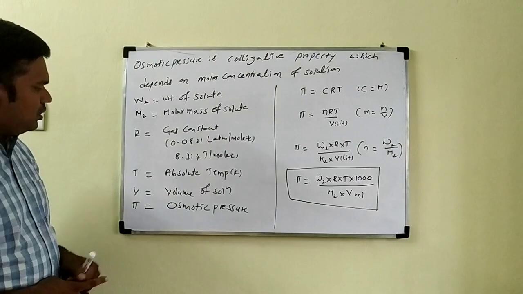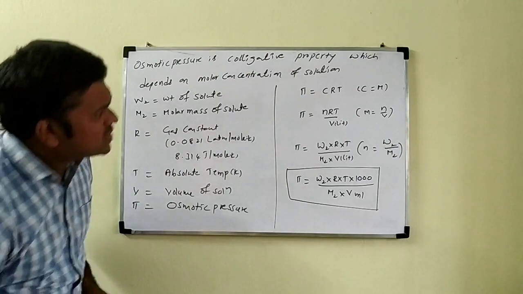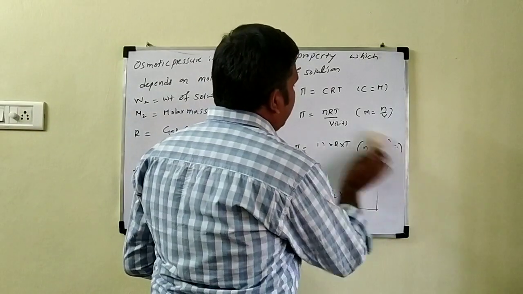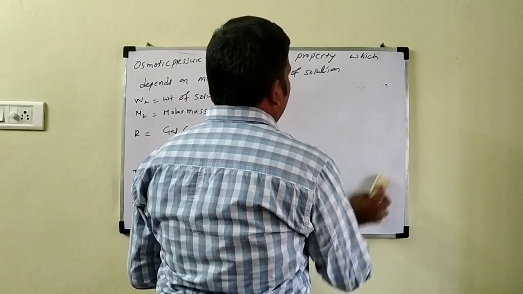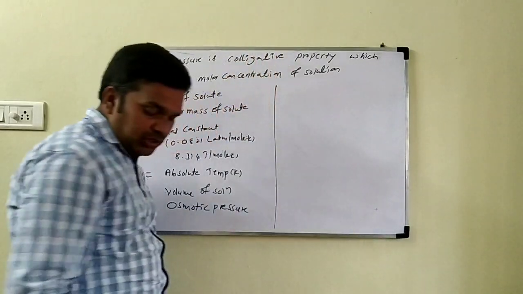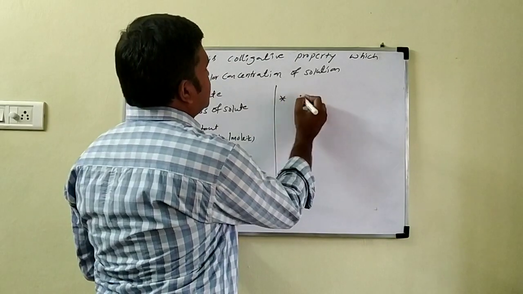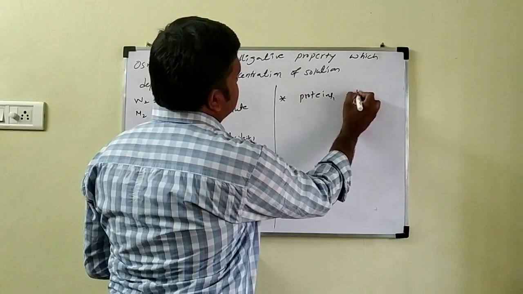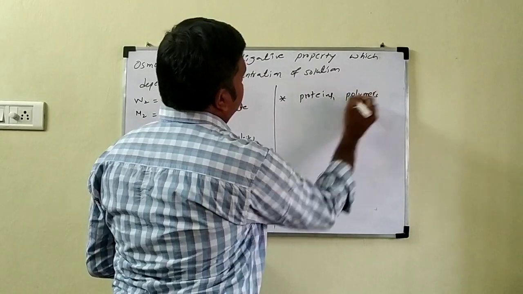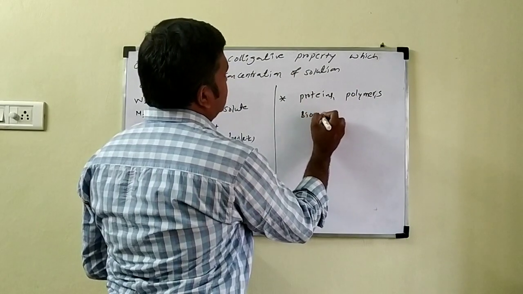So based on that we find out the osmotic pressure of the solution. Clear? Where do we generally use this colligative property? It is mainly used in the determination of molar mass of macromolecules: proteins, polymers, and biomolecules.